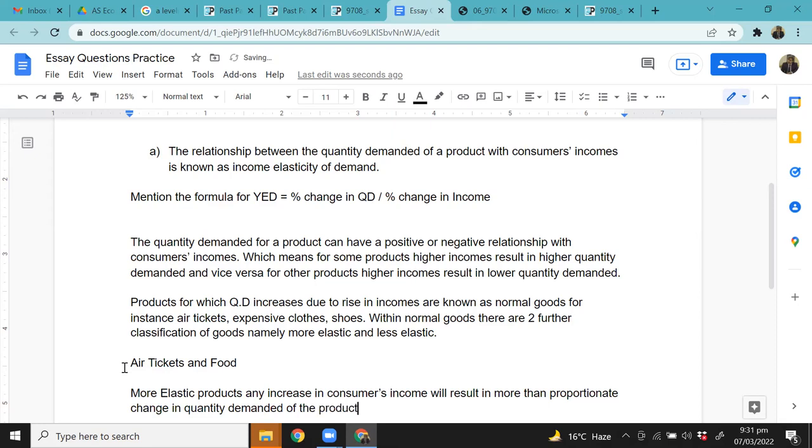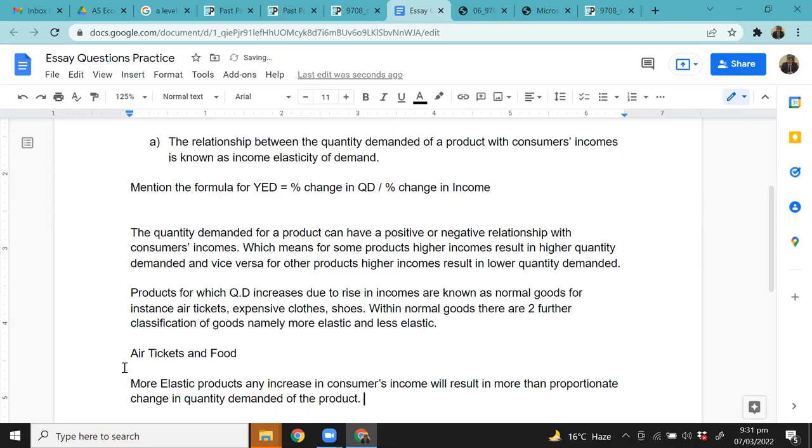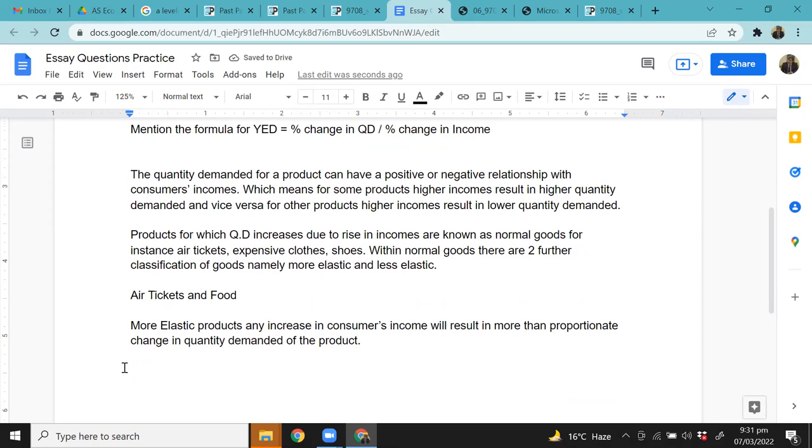Is this making sense? Whereas for less elastic, it's the opposite. You do understand what more than proportionate means, right? More than proportionate means that if your incomes are increasing by 2%, then your demand would increase by more than 2%. Yes or no, right?